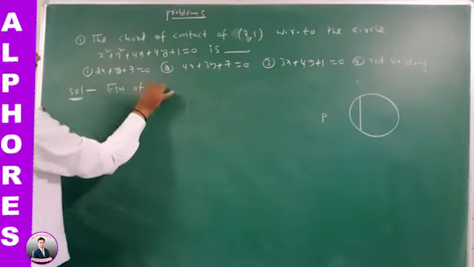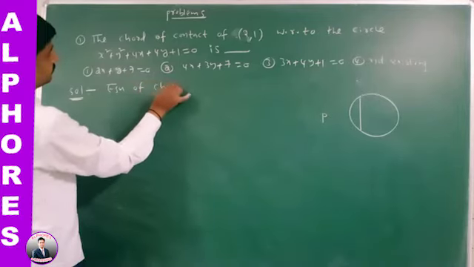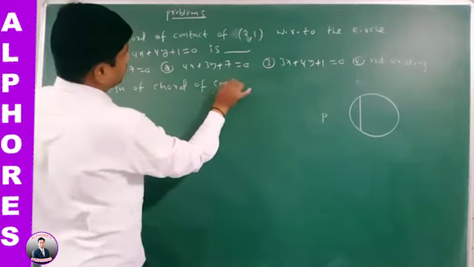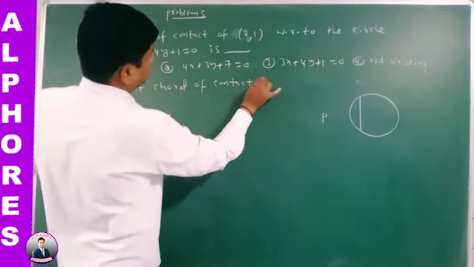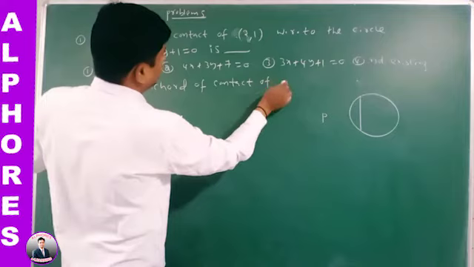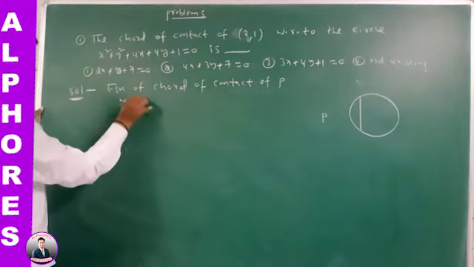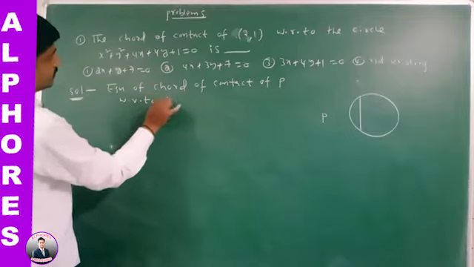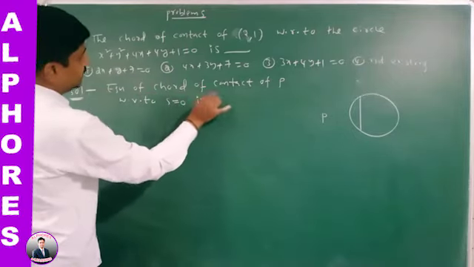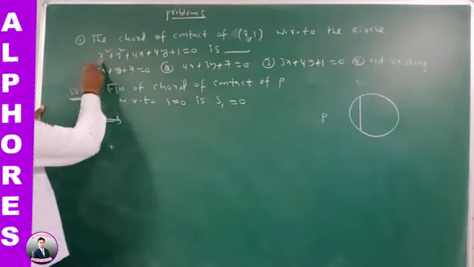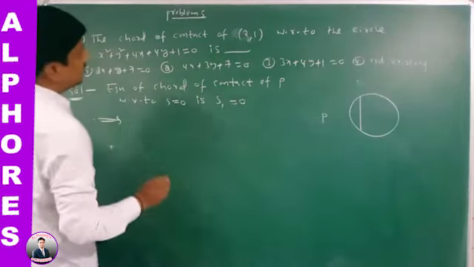Equation of the chord of contact of P with respect to S = 0 is S1 = 0. Here this is S = 0, and this is (x1, y1).